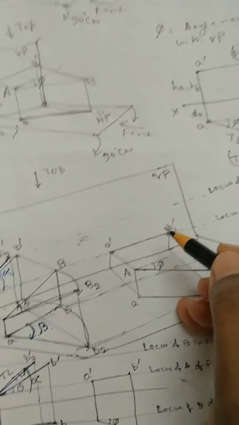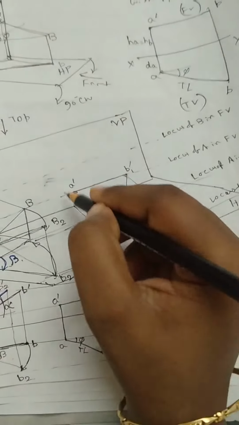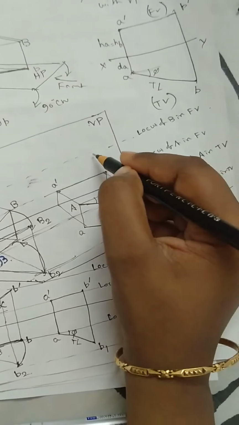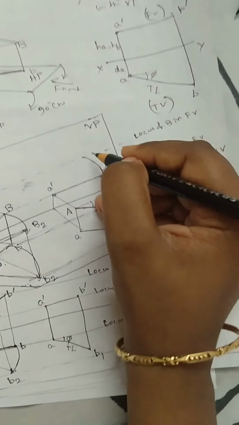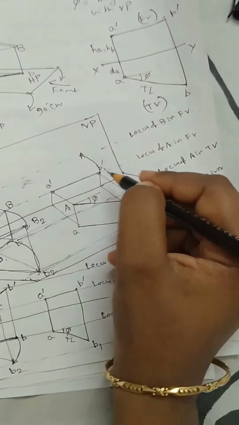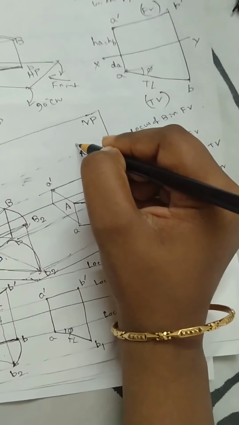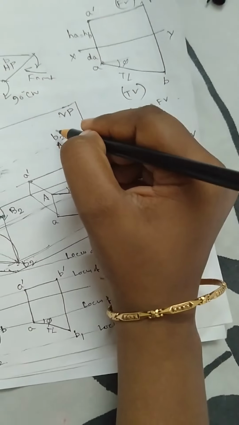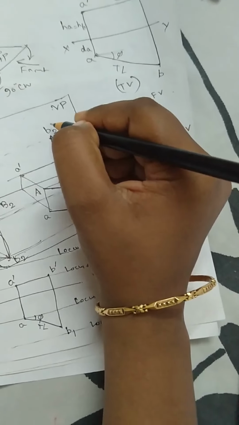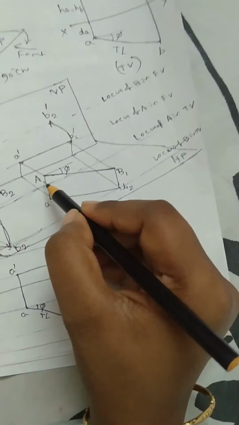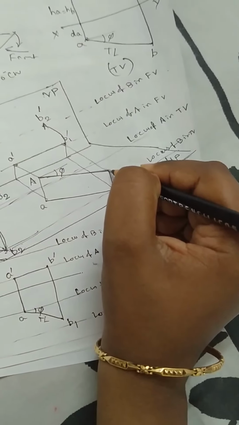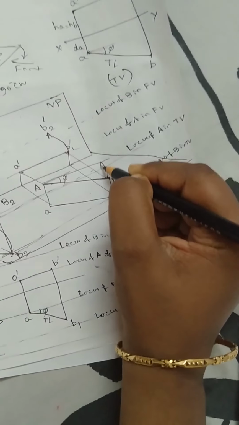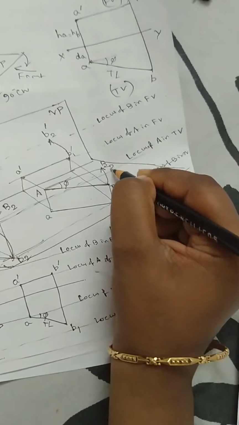Same case here also. For this trapezoid A dash A B1 B1 dash, if we rotate this line, it will cut over here, and this will be your B2 point.